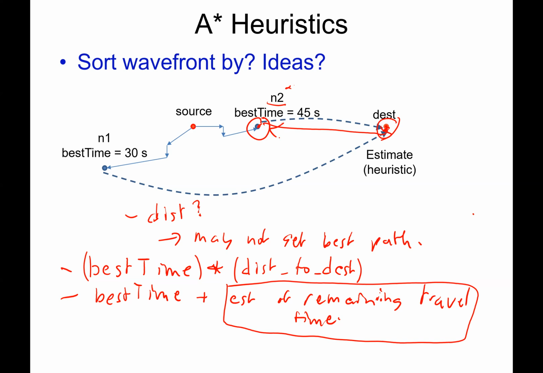But you can come up with reasonable estimates of the remaining travel time pretty quickly. You don't want to do anything really complicated because it's probably too slow, and you'd be better off just exploring more nodes, because that's always an option. If your heuristic, this estimator, is not quite as accurate, you can always look at more nodes. So you want something that's reasonably accurate, but also fast to compute. I'll leave it to you to figure that out.